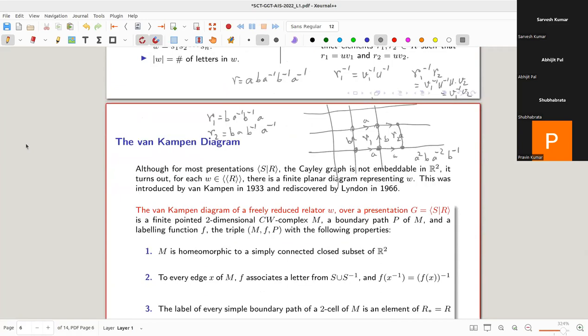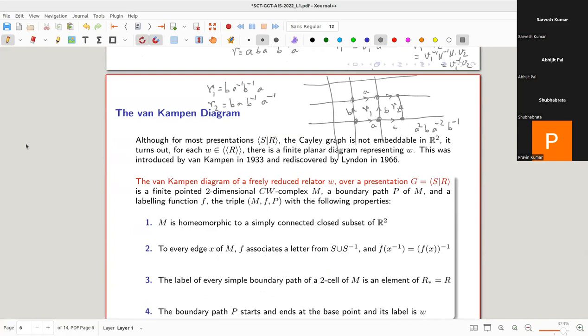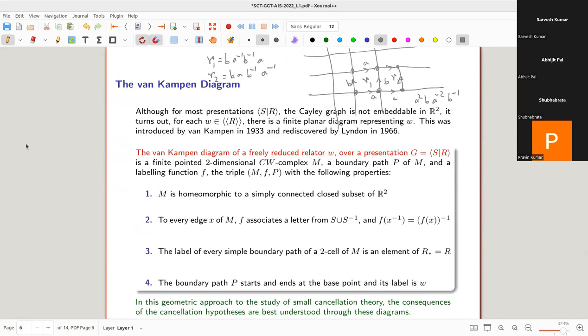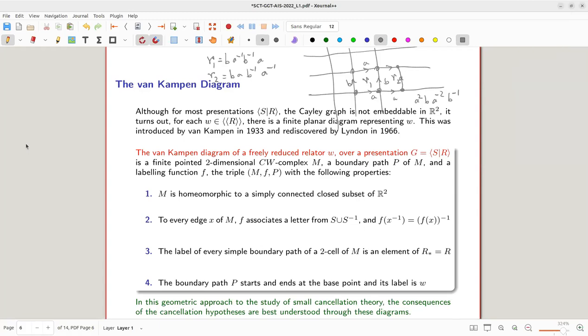Okay, so that is what we are calling a piece. Now we want to see some geometric way of representing our relators or words, which are essentially words in the group. What we can observe is that most Cayley graphs are not embeddable in the plane, right?